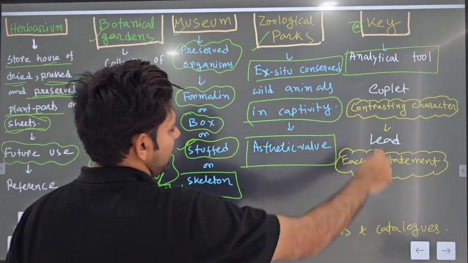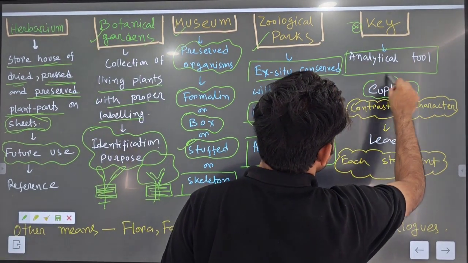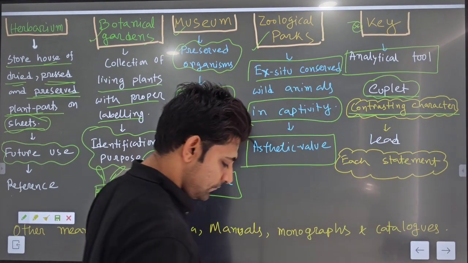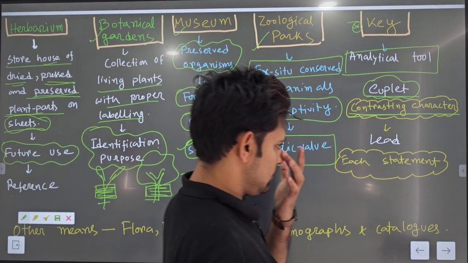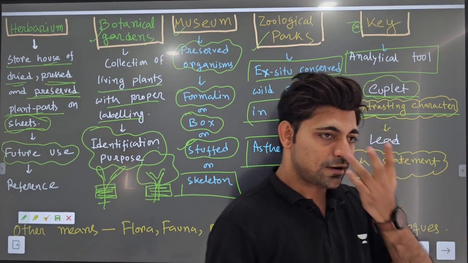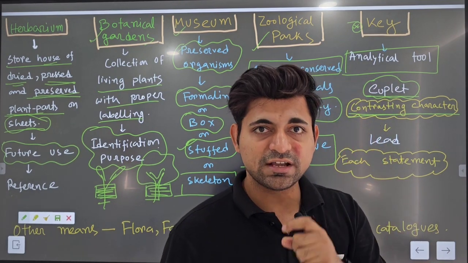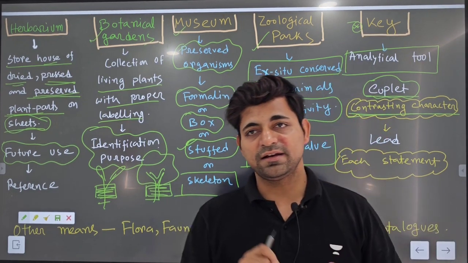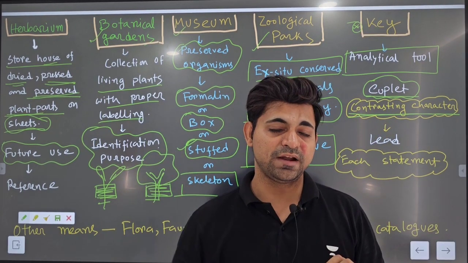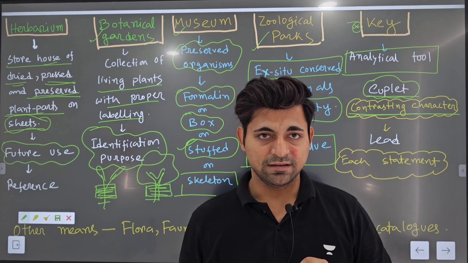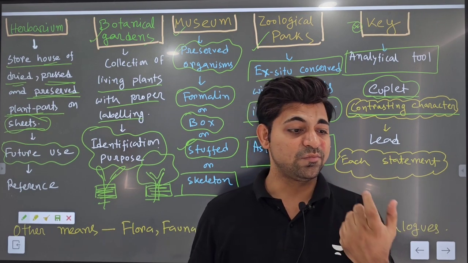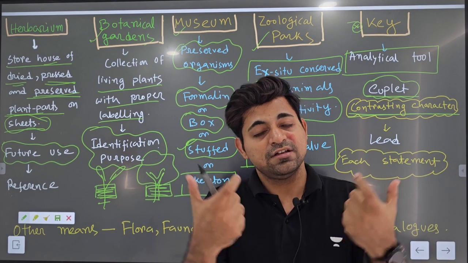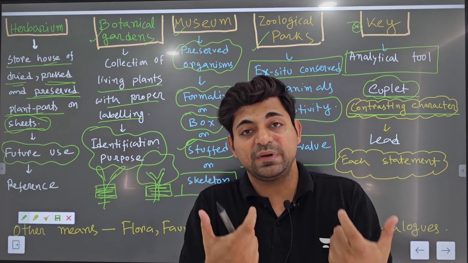For comparing we use contrasting characteristics called couplets. If you are comparing a wheat plant, a rice paddy plant and a mango plant, you will be utilizing a key. The contrasting characteristic feature is either monocotyledonous or dicotyledonous. These two are called couplets.